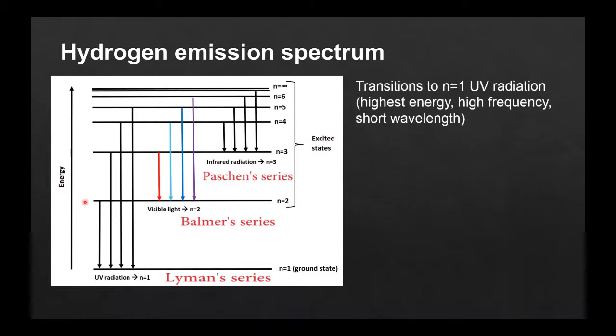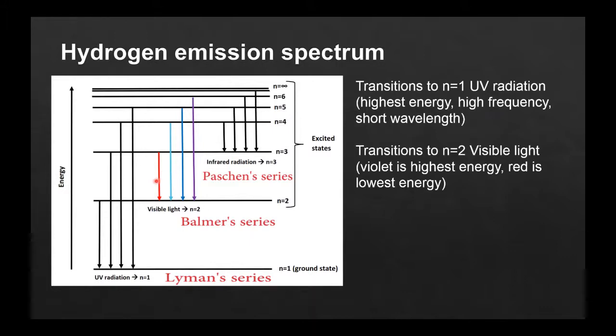So we'll start by looking at electron transitions to n equals 1, which is the ground state, and they correspond to UV radiation. So UV radiation is the highest energy, it has a high frequency, and a short wavelength. Next are electron transitions to n equals 2, and they correspond to visible light. So in visible light, violet is highest energy, red is lowest energy.